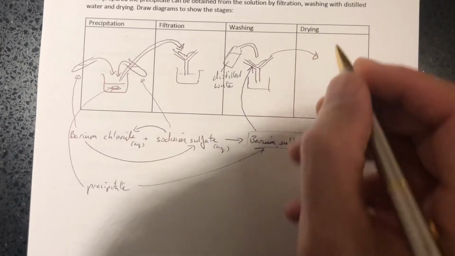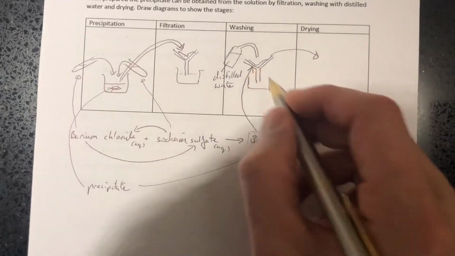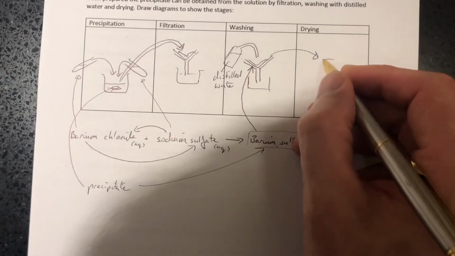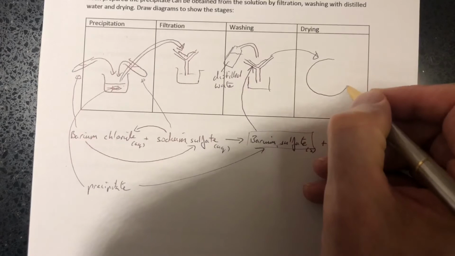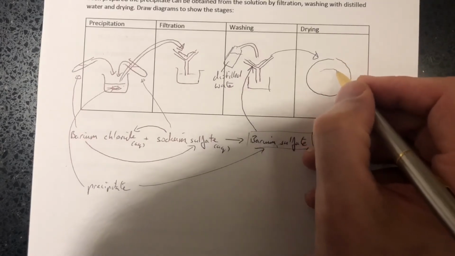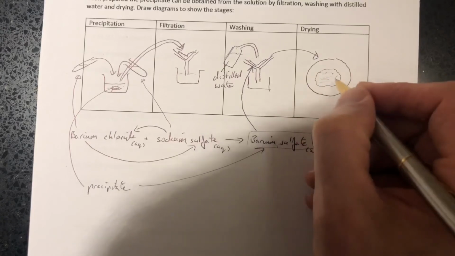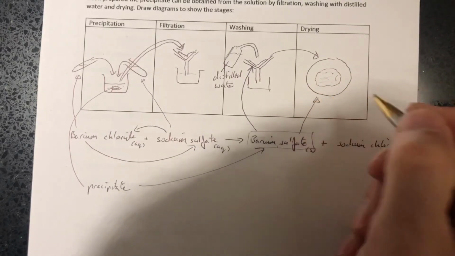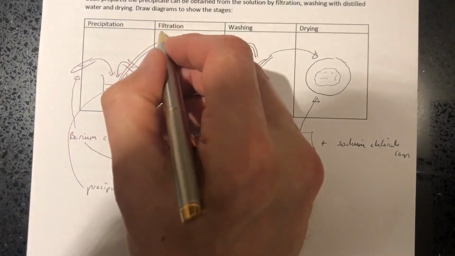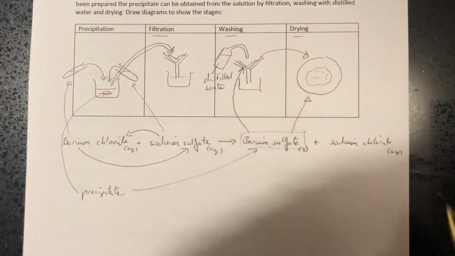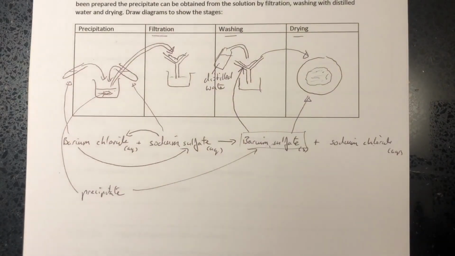It will now just be wet barium sulfate with absolutely pure water, so we just need to get the water off it. So we're going to open the filter paper up at the end, and that barium sulfate precipitate will be in the middle there, and we simply need to leave it to dry. So filter, wash, dry. And those are the key things that we remember for an exam question. Filter, wash, dry.